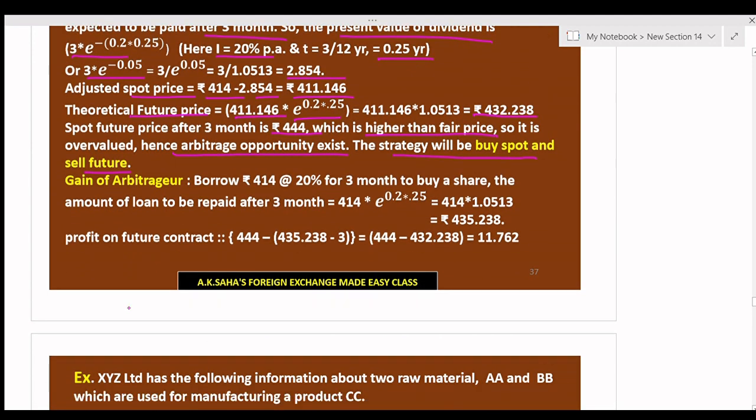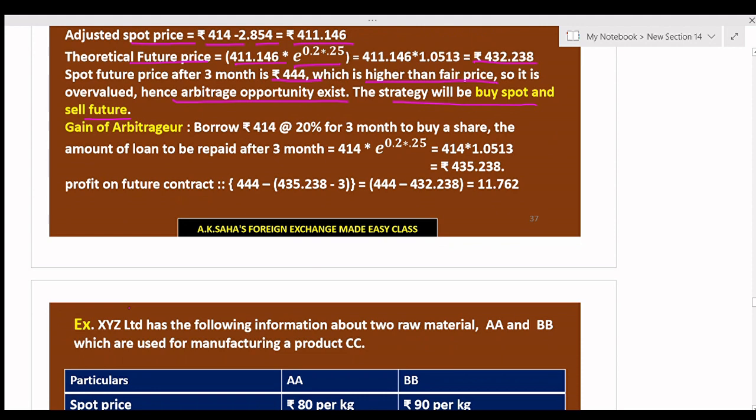First of all, you borrow rupees 414 to buy one share at the rate of 20%, and the time is 3 months, and the total amount to be repaid is 414 into e to the power 0.2 into 0.25, that comes to rupees 435.238.